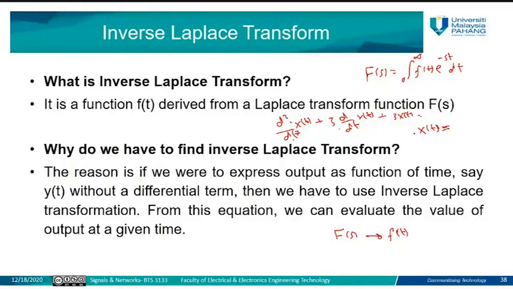In a normal equation, when you solve, you need to find the value of the variable, the value of x, the value of y, and so on. But in the case of a differential equation, the solution will be a function in the time domain, for example, or in the x domain, and so on. This function comes from these derivatives, because I do not have the function in this equation. I only have the second derivative, the first derivative, and so on. So how to find the original x(t)?